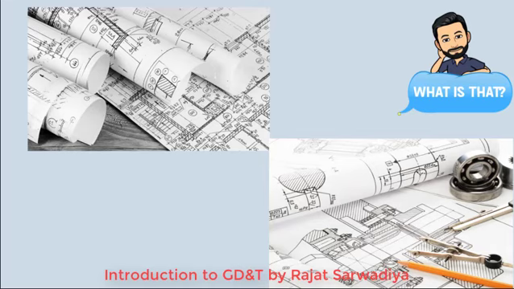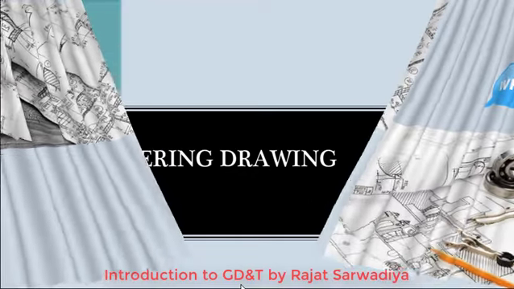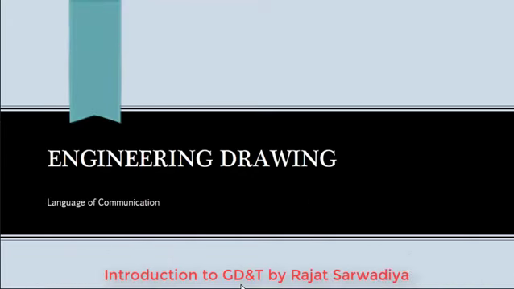From this, we will go to the GD&T. But before going for the GD&T, we will need to understand what this thing is. So, a simple answer to the simplest question ever, this particular thing is actually your engineering drawing.